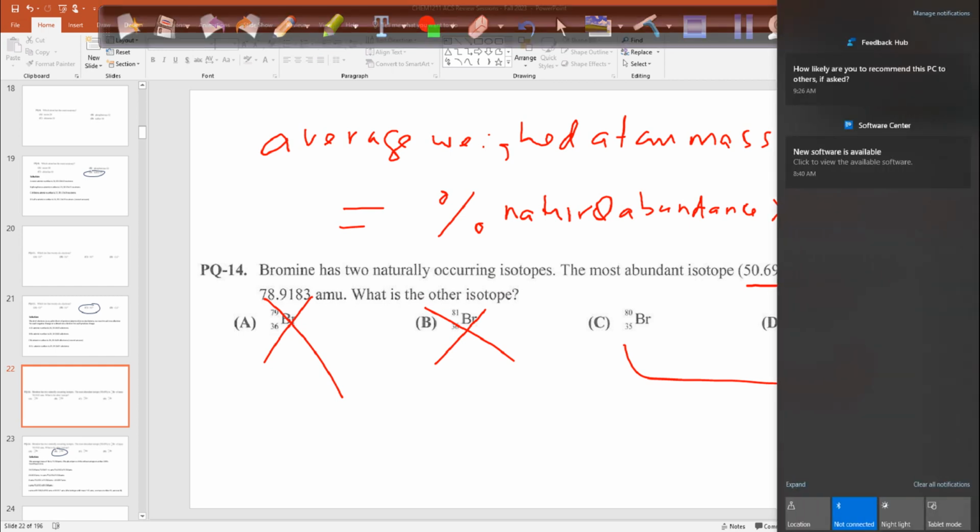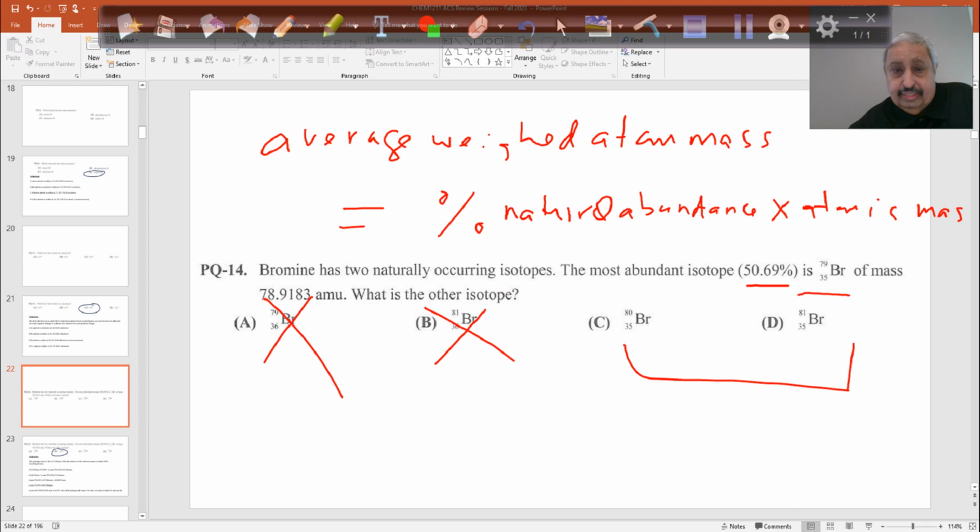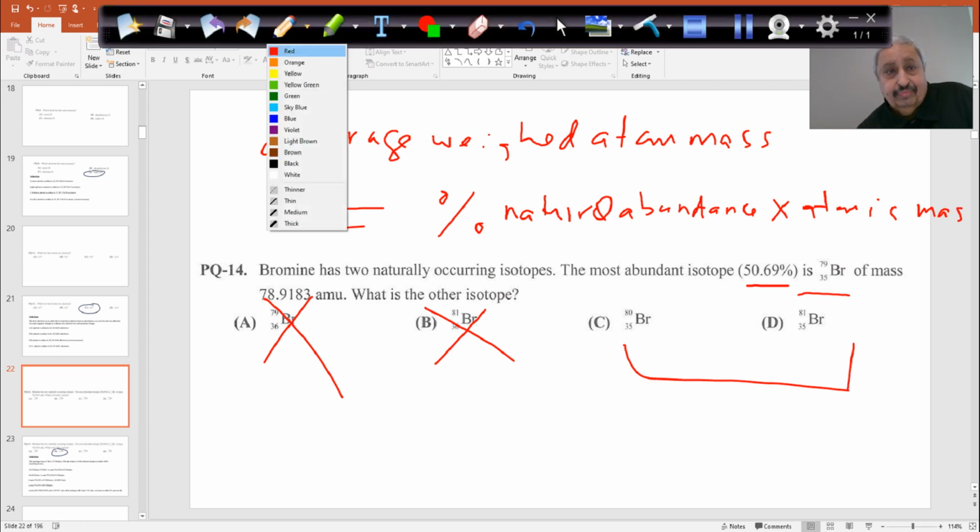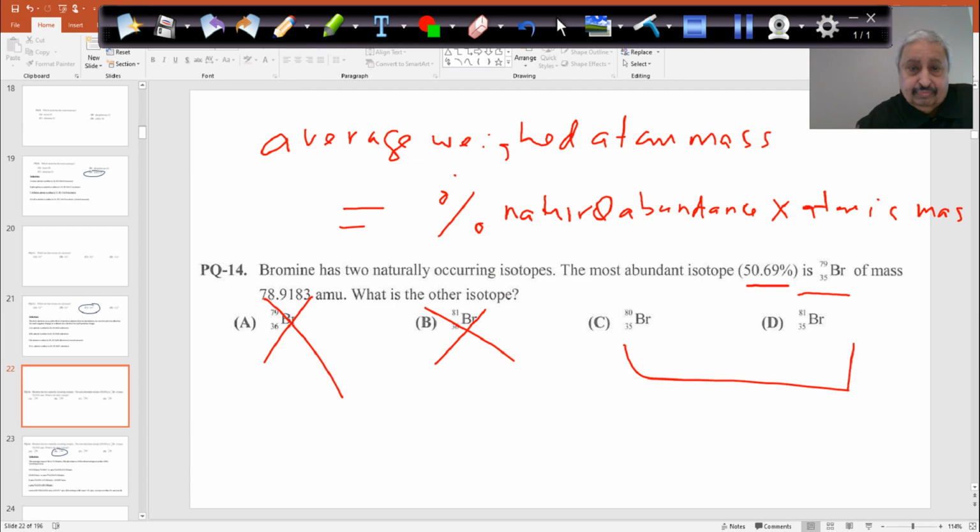And this is the sum. Okay, guys? So I have two isotopes. The most abundant one is this. And what is the other isotope? Well, we have two here.